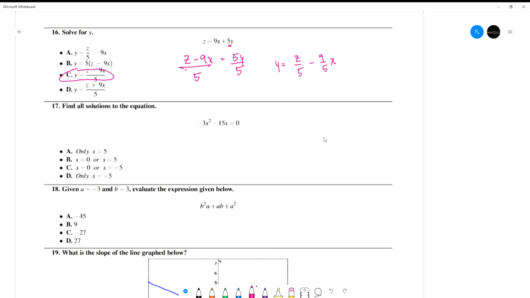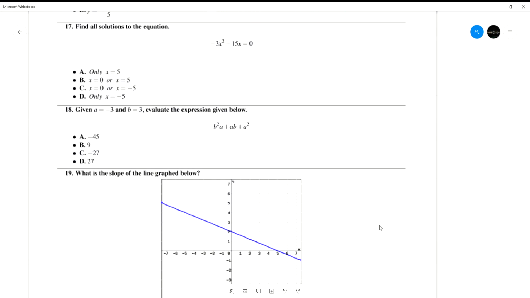Okay, number 17, it says find all solutions. So you could put this into your poly solver on the calculator. But you should know how to do it by hand, right? So I see it's a quadratic. I'm going to factor the GCF. That's a negative 3x. Okay, and then when you factor that out, I have positive x plus 5 is equal to 0.